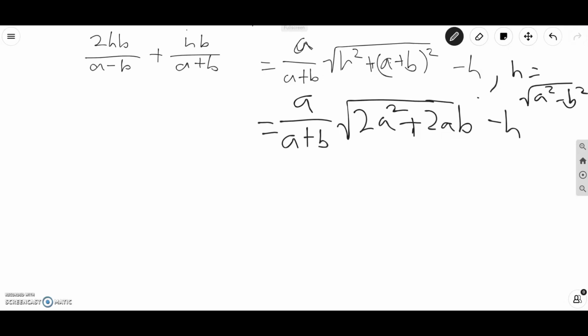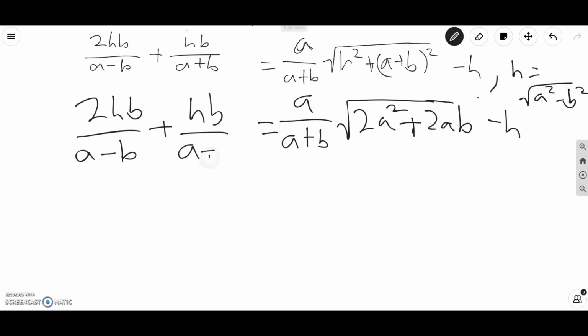And basically our left-hand side will stay the same for now. So we can finish writing out this expression.